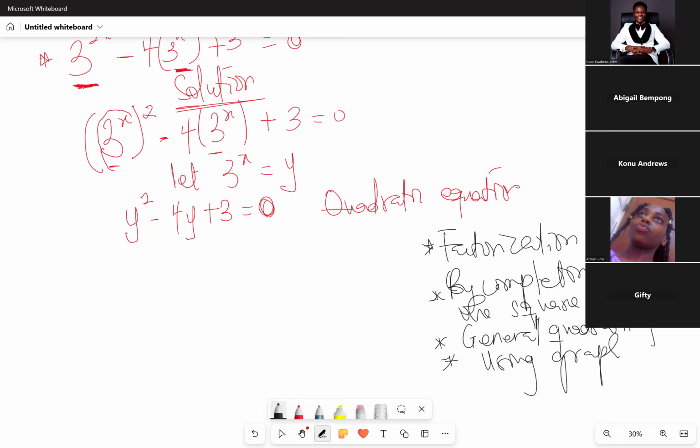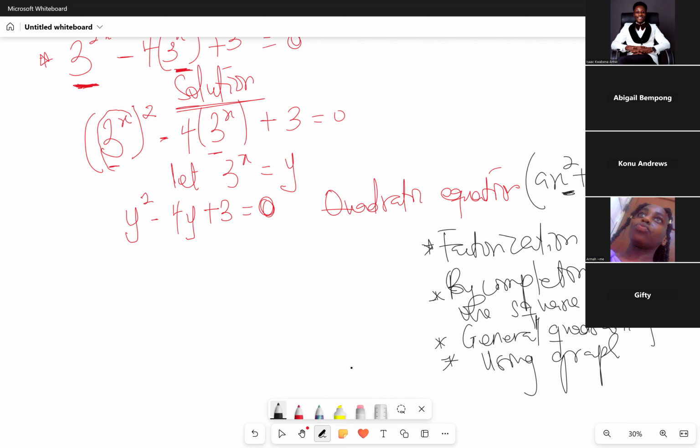before I continue, all quadratic equations are of this form. Something x squared plus something x, it's not that it's always x, it can be a different variable, plus a constant equals 0.